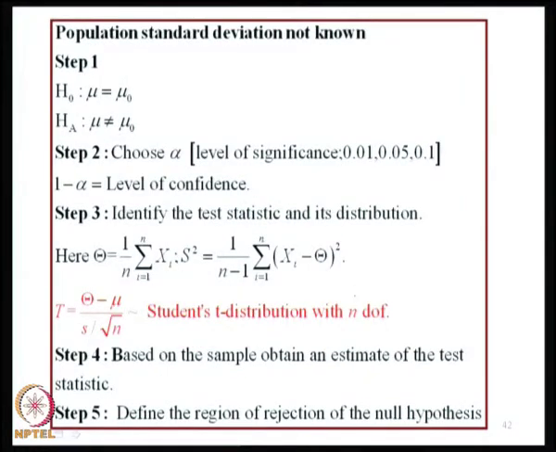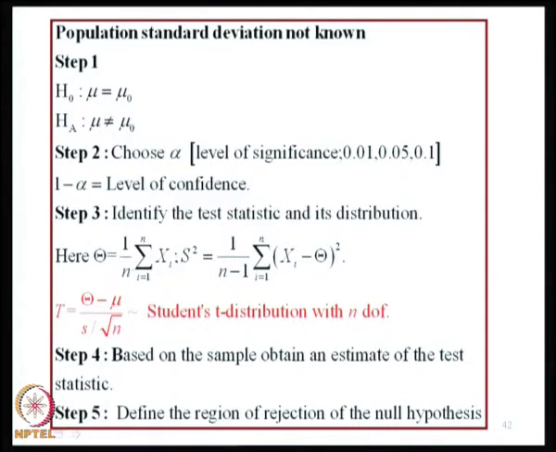Now, if the population standard deviation is not known, how do we do a hypothesis test? I make the null hypothesis that mu is mu naught and the alternate hypothesis that mu is not equal to mu naught. Again I choose a significance level and a level of confidence. Now, we have to identify the test statistic and its distribution.